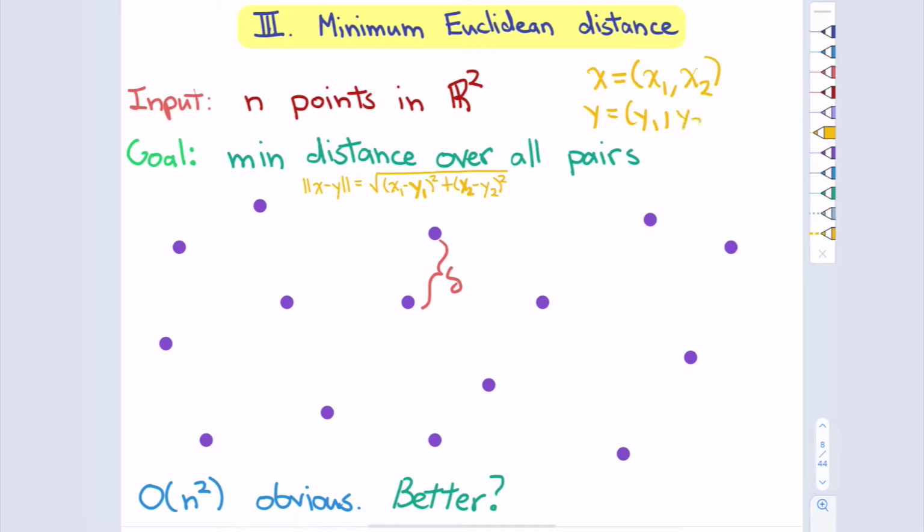Okay, I shouldn't have used x and y. So x1 is the x coordinate of x. x2 is the y coordinate of x. y1 is the x coordinate of y. And y2 is the y coordinate of y.